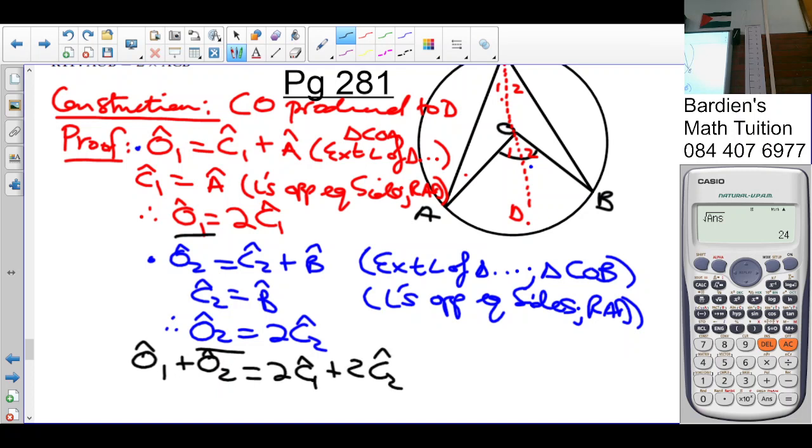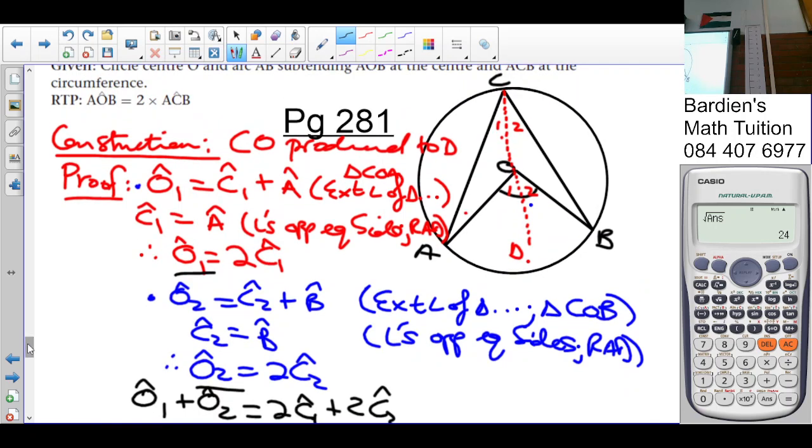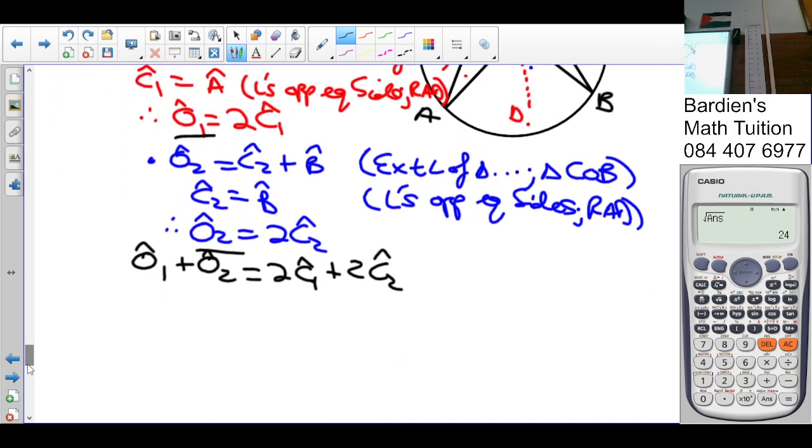So what is O1 plus O2? O1 plus O2 is actually AOB. So I can conclude that AOB equals, taking 2 out as a common factor, 2 times C1 plus C2.